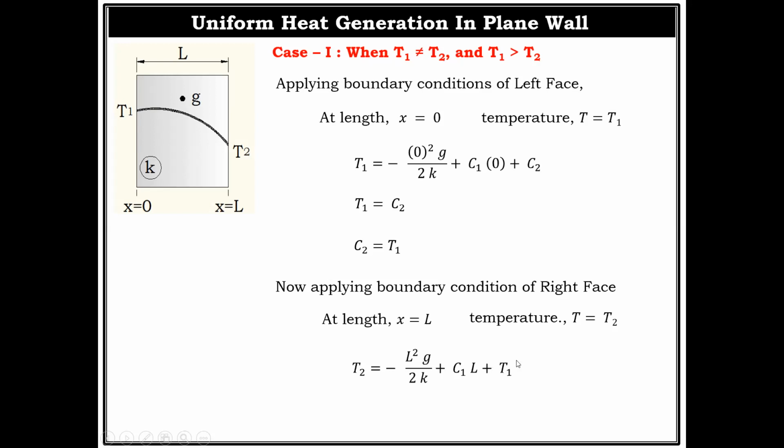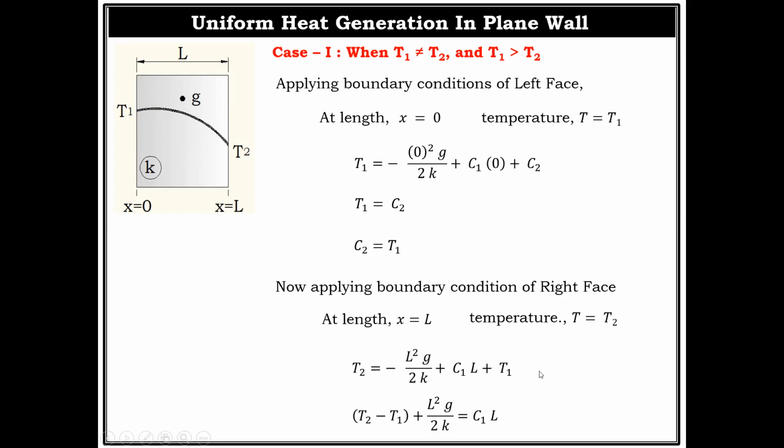Because it is plus C2 and we got the value of C2 equal to T1. Now shifting this T1 to the left hand side, T2 minus T1, this negative term shifting to the left hand side becomes positive, plus L square g upon 2k equals C1L.